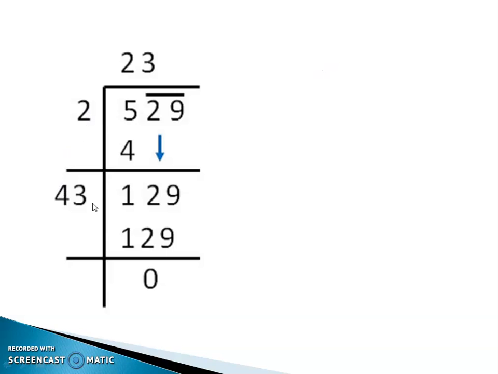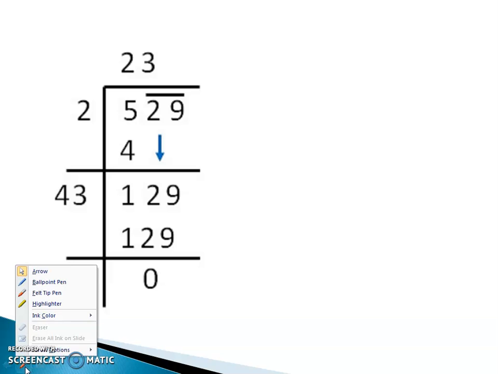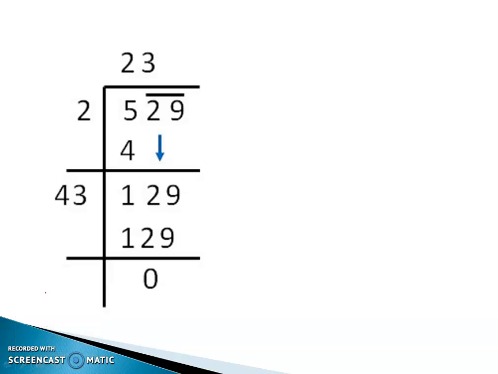Now, how did I get 3? Let's see. Here I got 4 and a dash. I started with 1. 41 into 1, what happened? It is 41.